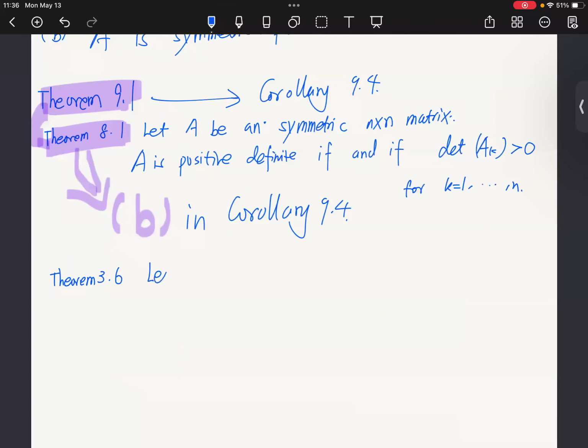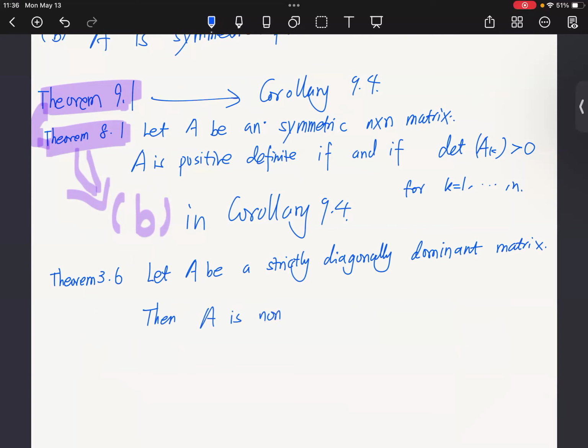Let A be a strictly diagonally dominant matrix. Then A is not singular.